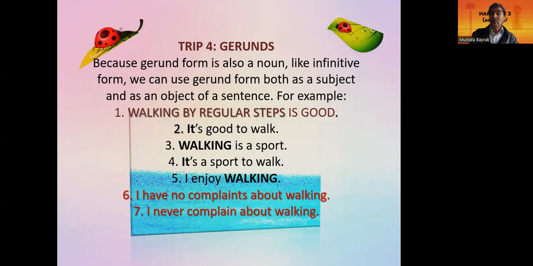And let's remember this point as well. Verbs can be in past, present, or future forms. I enjoy walking in general, but last year I enjoyed walking, and I am sure I will enjoy walking next year as well, because I enjoy walking in general. 6, I have no complaints about walking.